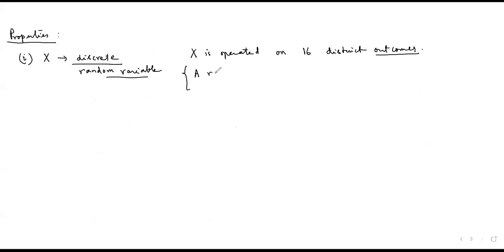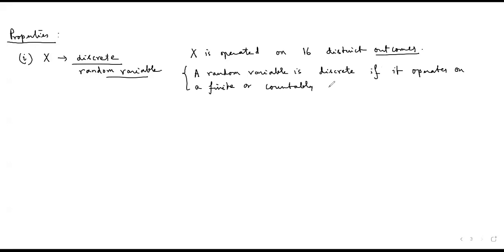A random variable is discrete if it operates on a finite or countably infinite sample space. Then we say that the random variable is discrete.